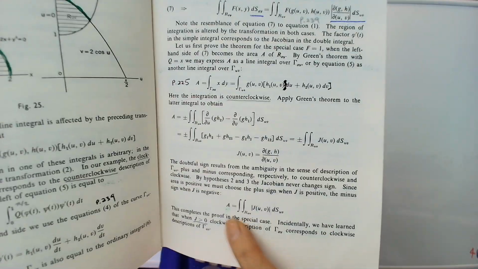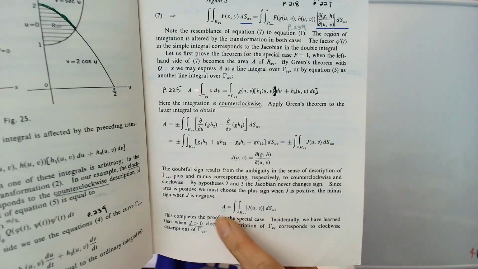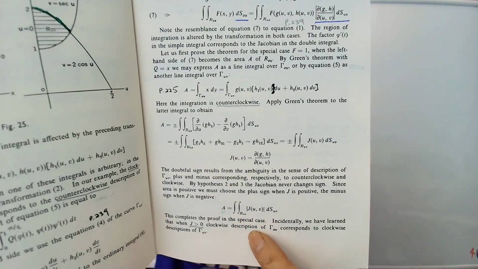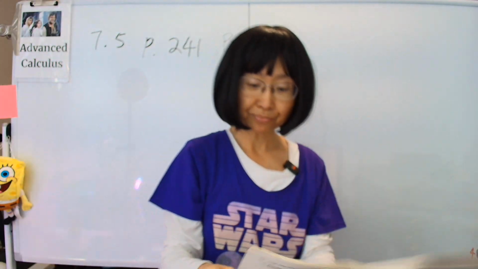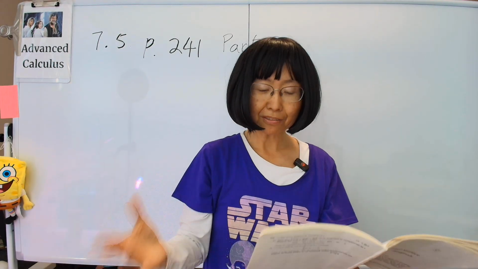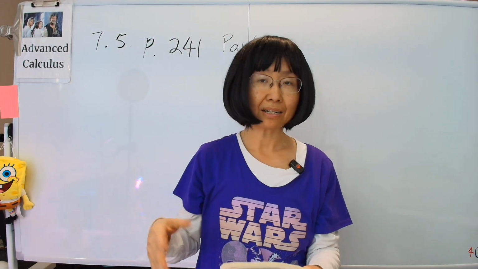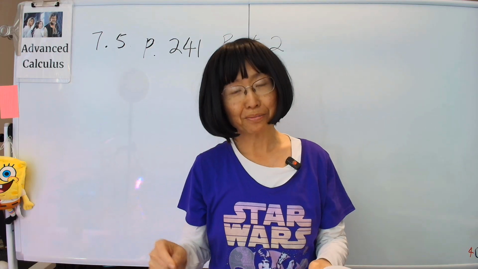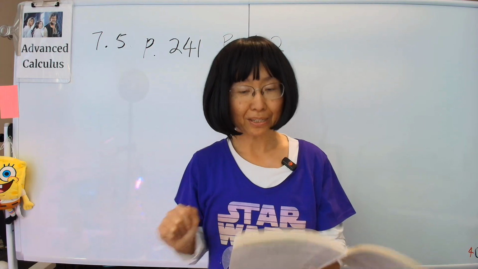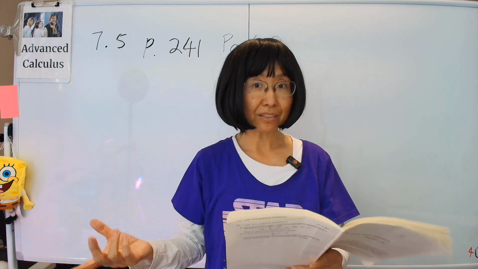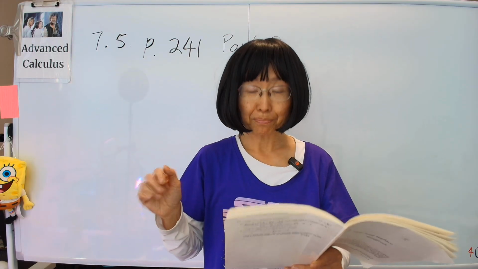That's just to make sure that our result comes out to be positive. Generally speaking, the area is the double integral of the Jacobian over the new UV plane, as long as we pick the right sign.